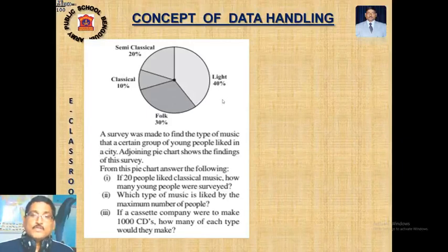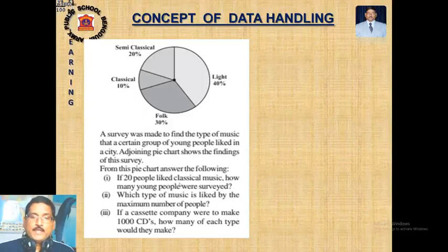Now, what will be the total number of people surveyed? That is missing, but indirectly they have given one answer. So, the survey was made to find out the type of music that a certain group of young people liked in the city. Adjoining pie chart shows the finding of this survey. From this pie chart, answer the following.